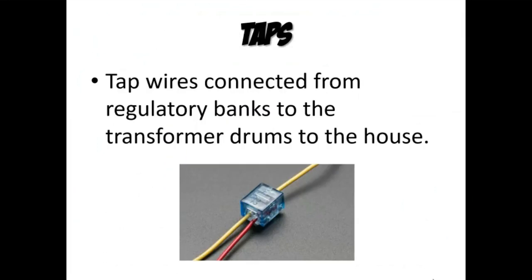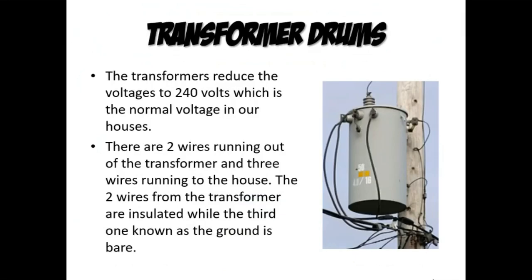The next po yung top wires or taps. Top wires connected from regulator banks to the transformer drums to the house. And then yung transformer drums, the transformers reduce the voltages to 240 volts, which is the normal voltage in our houses. There are two wires running out of the transformer and three wires running to the house.